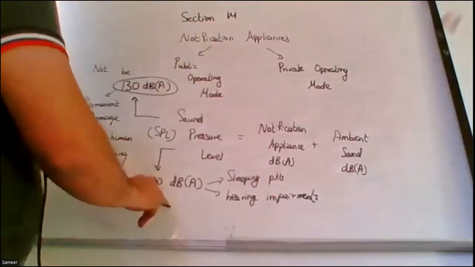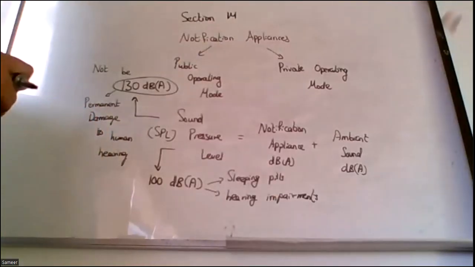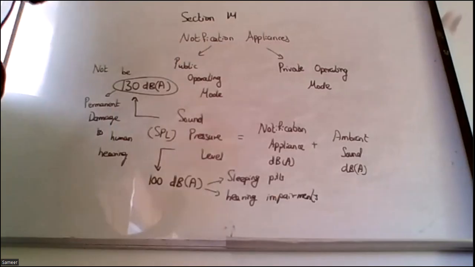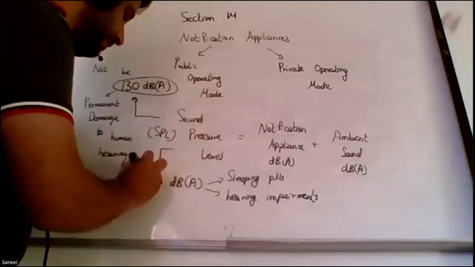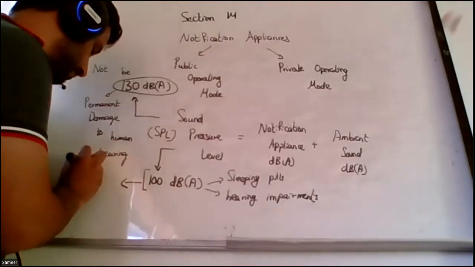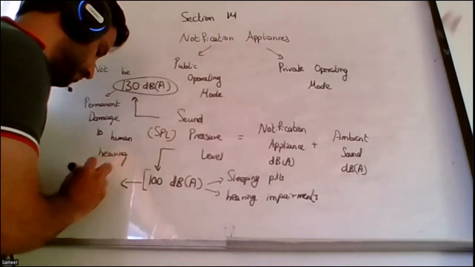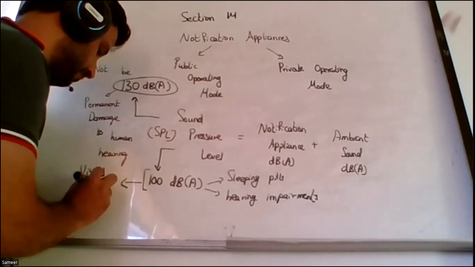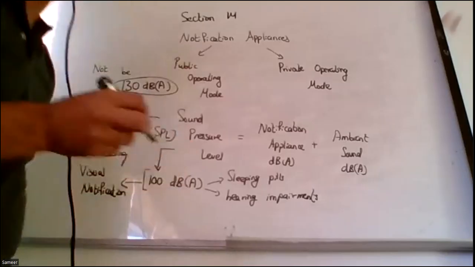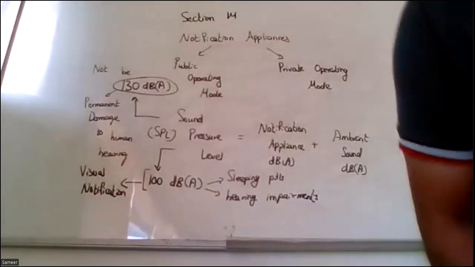There the noise level can be 100 dBA. But whenever the noise level will be 100 dBA or above, I need a visual notification also, a type of flasher.